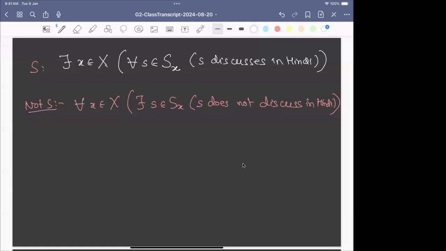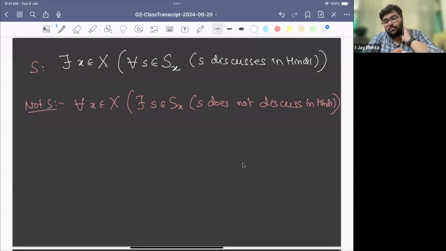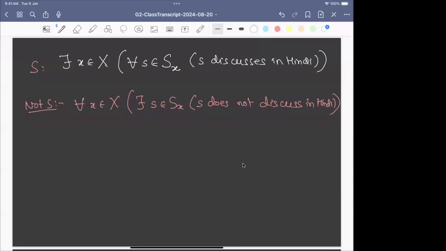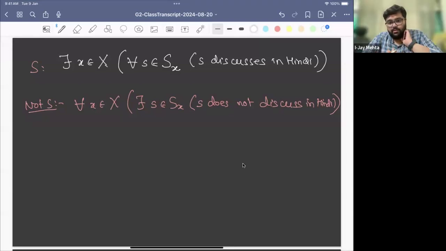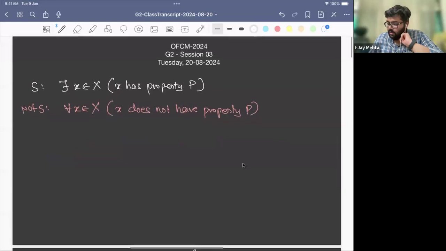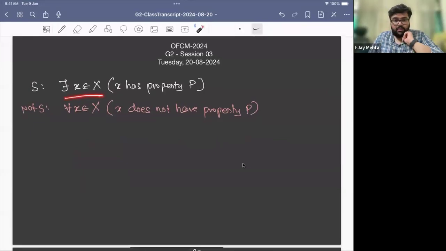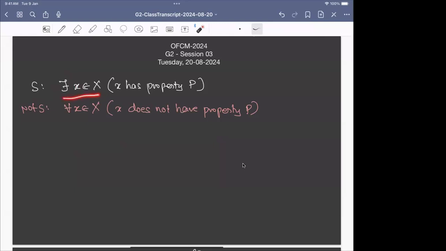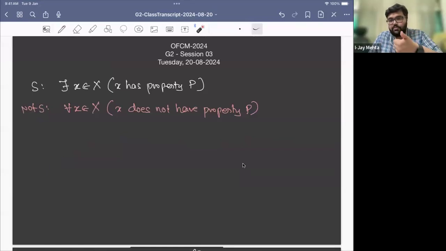Every time when negating, the quantifier changes and a not is added to the end, to the property. This is what we observed and revised. But we shouldn't just see that mechanical pattern. You can visualize it like this: every time the quantifier changes and a not is added to the property. But then you have to observe why it is like that. Try to think about why the quantifier changes. What does it mean to say the statement is false? What does it mean to say the statement is true?